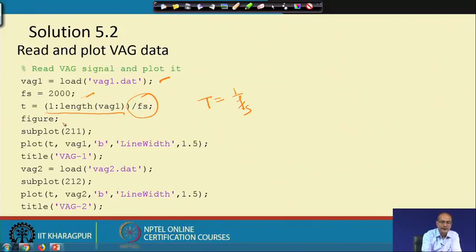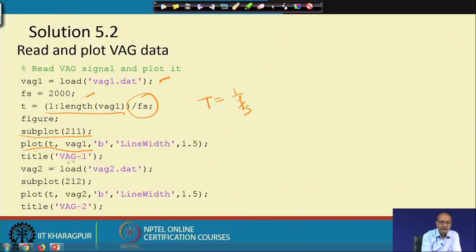Now, we create the plot. You issue the figure command to create the pane, then we divide it into two parts. The top half, subplot 211, there we plot the VAG1 signal with respect to time.